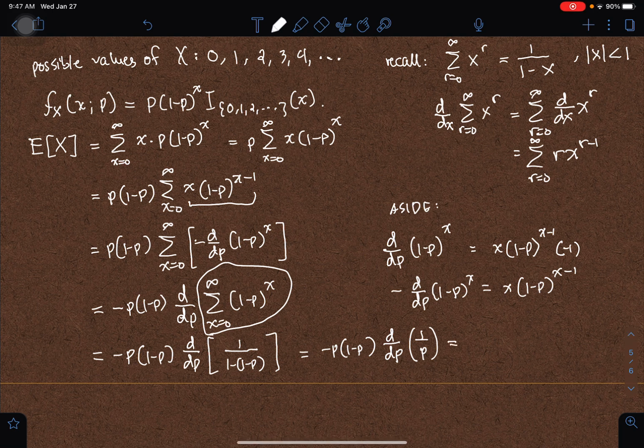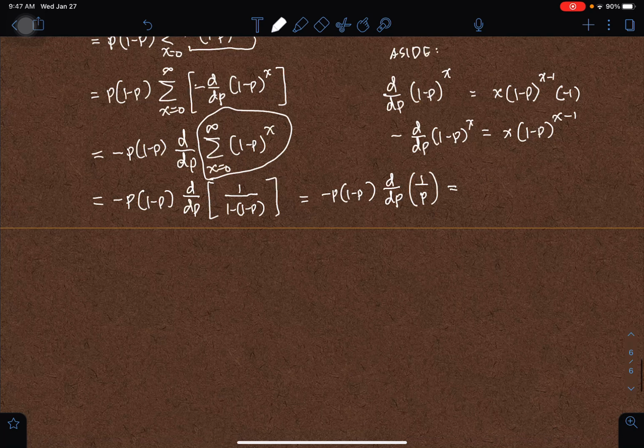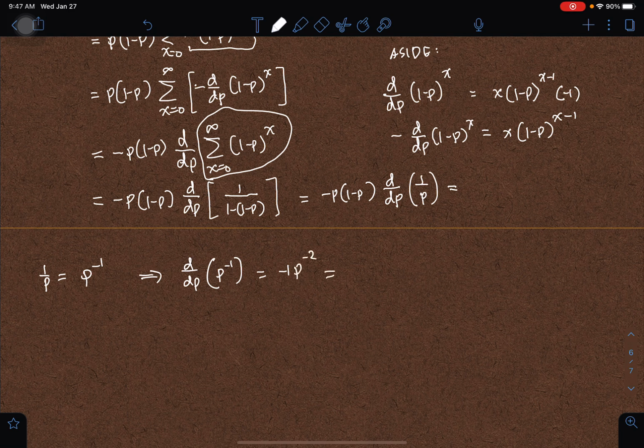Okay, so what's the derivative of 1 over p? 1 over p is just equal to p to the negative 1. So thus, the derivative with respect to p of p to the negative 1 is equal to negative 1 times p to the negative 2, or negative 1 over p squared. So we get negative p, (1 minus p), times negative 1 over p squared, and we get (1 minus p) over p.